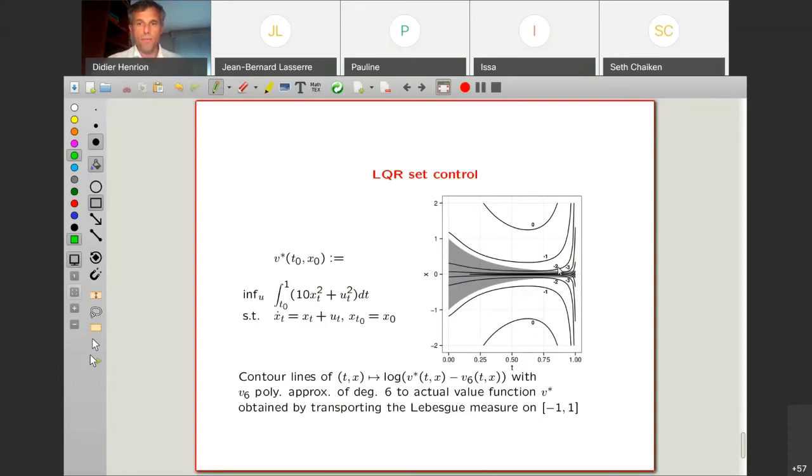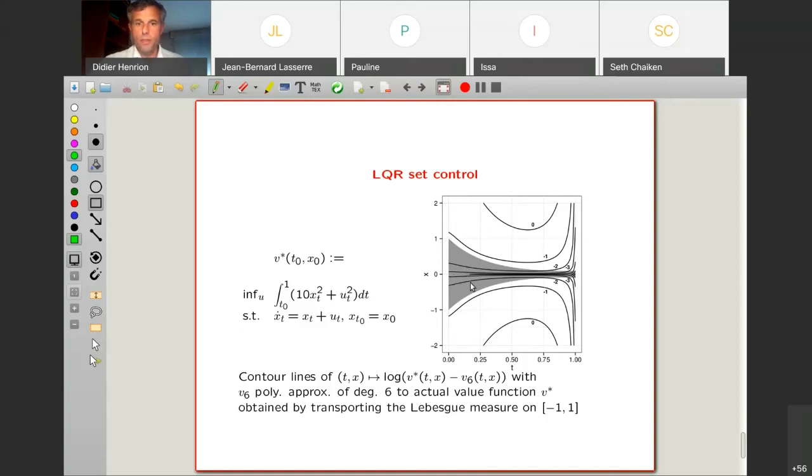And here what we plotted is the contour lines, in logarithmic scale, of the difference between the value function, which can be found analytically, and the approximation of degree 6. You see that the smaller the exponent, the better the approximation. Here we have 3 digits of quality of approximation.